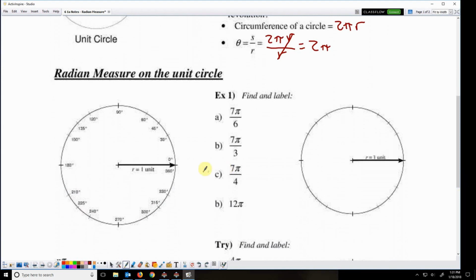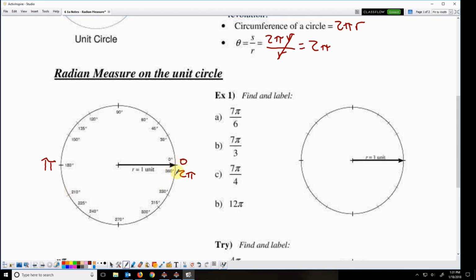So when I need to find a radian value on these important points on a unit circle, first I remember, if I don't go anywhere, that's 0 radians. Now I know that 2 pi is all the way around, which means halfway around is 1 pi. From there I just count.